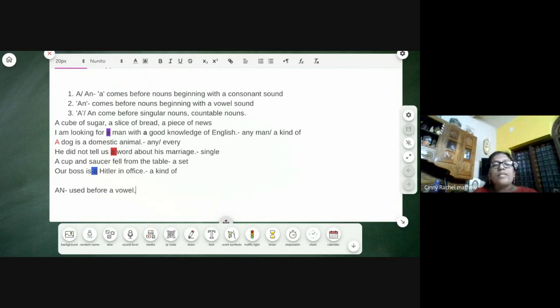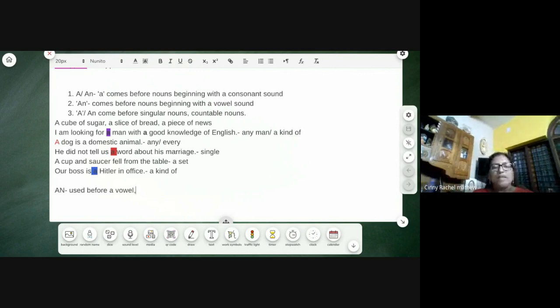We also know that the indefinite article an is used before singular countable nouns. Keep that in mind. I'll just write that for you so that it keeps repeating in our heads. Countable nouns. Then let's put them into sentences. Put an into sentences.